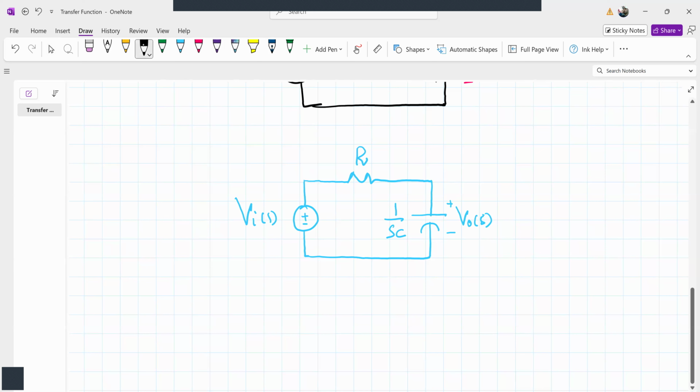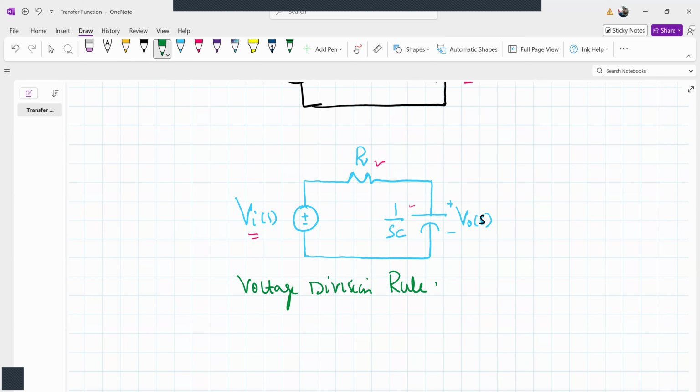So how do we obtain the voltage V naught of S in this network? We have two impedances, R and 1 by SC, connected in series with the voltage source. We can use any circuit analysis technique to find V naught of S, but let's start with the voltage division rule.